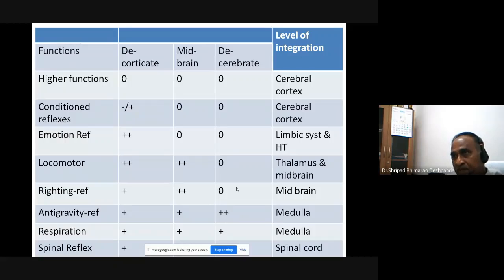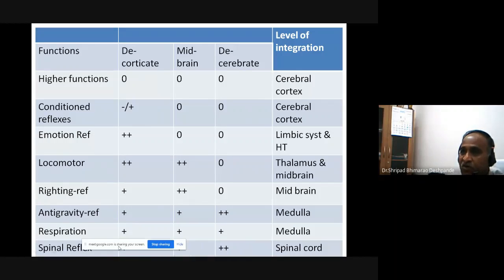But in anti-gravity situations, the anti-gravity reflexes are established, because all the supportive reactions and the extensor rigidity are there, so they become pillar-like. Respiration is not altered. The spinal reflexes are exaggerated.